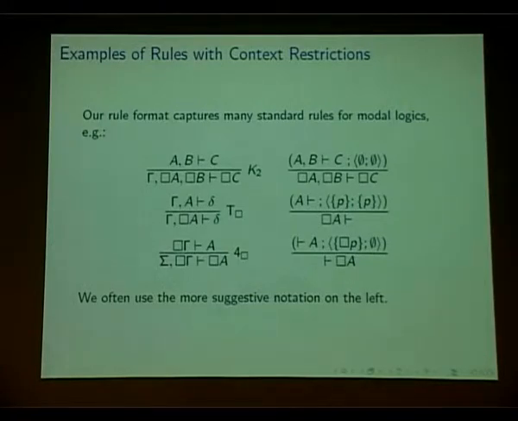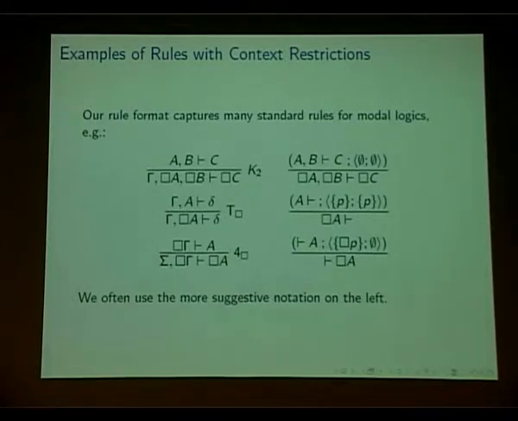For the second rule, the T rule, you notice that the whole context is copied into the premises, and we capture this by using a restriction which has just the singleton P in both the left and right component. Every formula is a substitution instance of the propositional variable P, so every context formula gets copied into the premises.